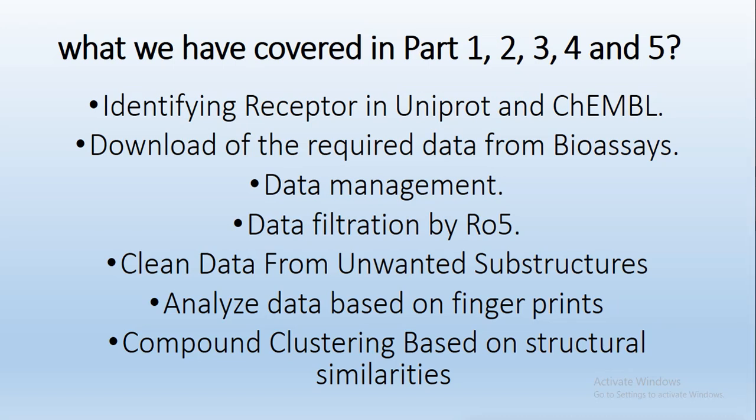Then we dealt with some data management and data filtration by the rule of 5, or Lipinski rule. And finally, we also cleaned our data from some unwanted substructures, which we can also call PAINS. And then we analyzed the data based on the fingerprints.